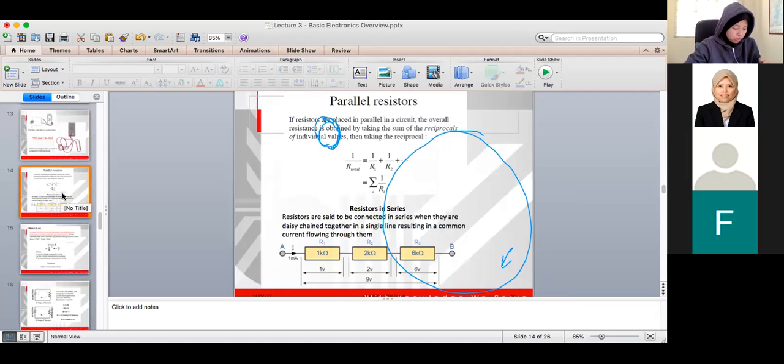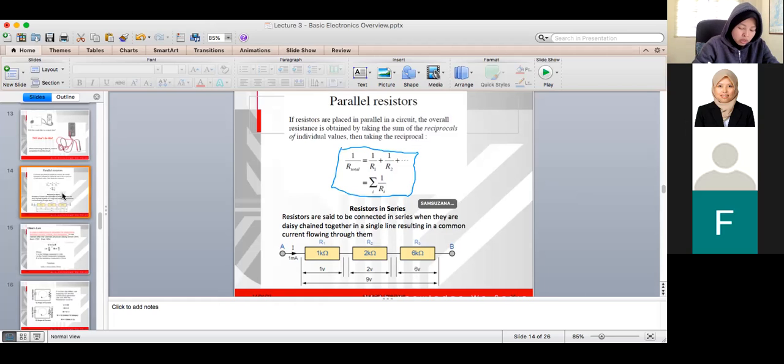Okay, let's move on to a little bit of basic electronic calculation. If resistors are placed in parallel in a circuit, the overall resistance is obtained from the sum of the reciprocals of the individual resistance values. So this is the equation for how much the total resistance inside a circuit is if the circuit is parallel. What does parallel mean?